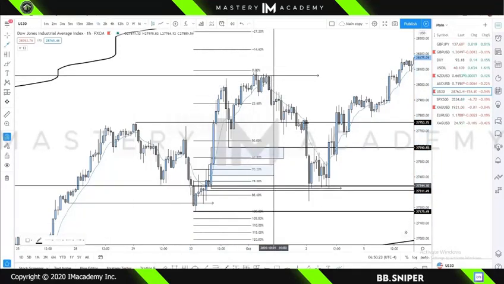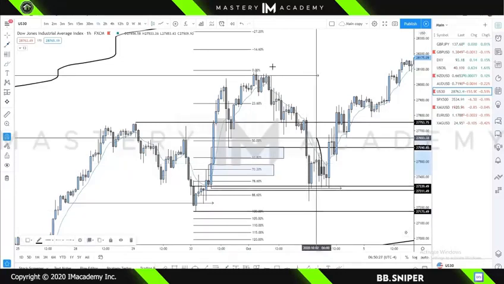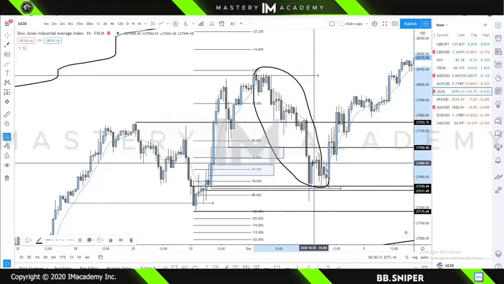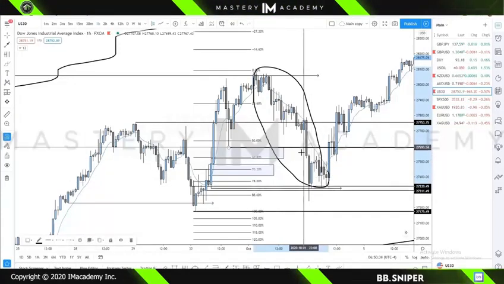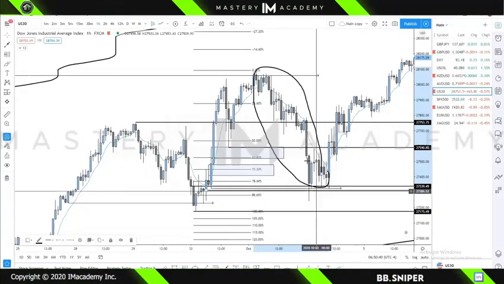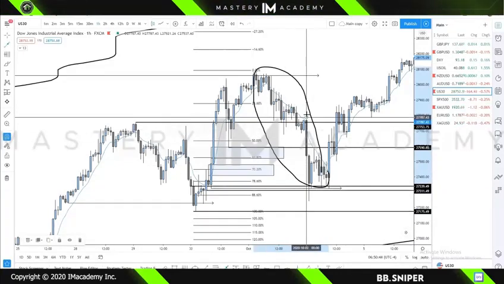Now, once it did that, during this move down, it understands there's some sellers that got in on that move down. So now they're like, okay, now we're going to wipe the sellers off the board who think that this is really a sell. And then they start seeking for that liquidity.